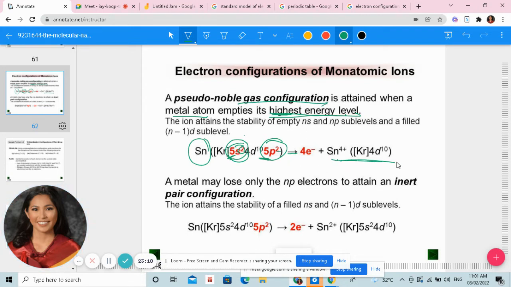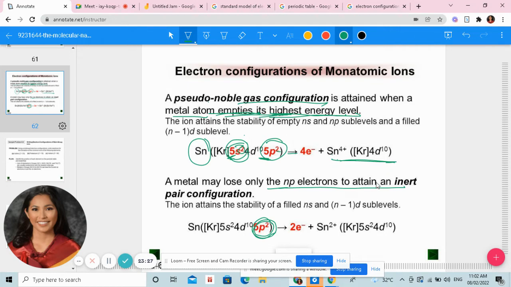So Sn4+. If we empty only the np electrons, that is one case.